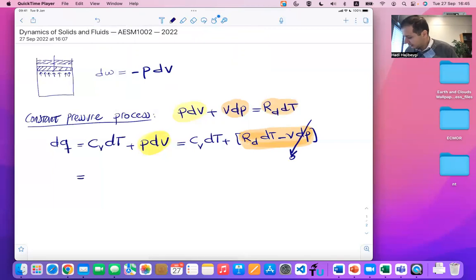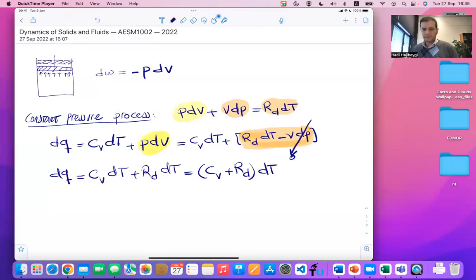And that would mean that my dq finally will be Cv dT, constant volume heat capacity times change of the temperature, plus R dT, the gas constant times dT, which can be also further processed as Cv plus R times dT.